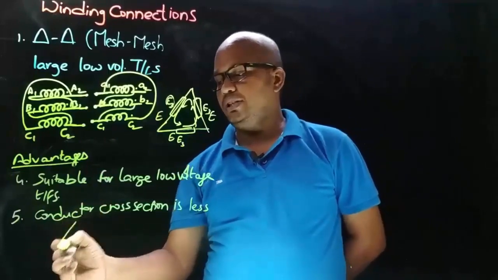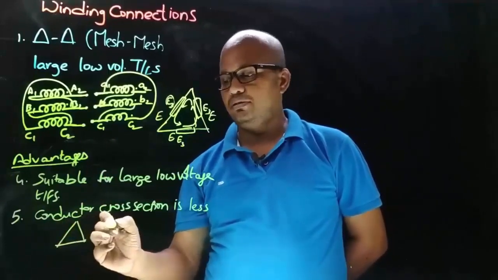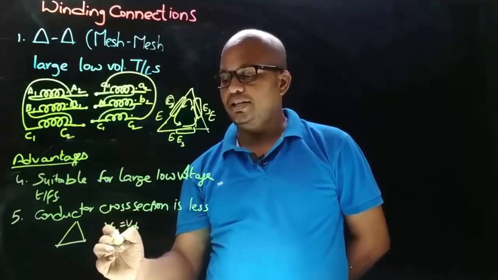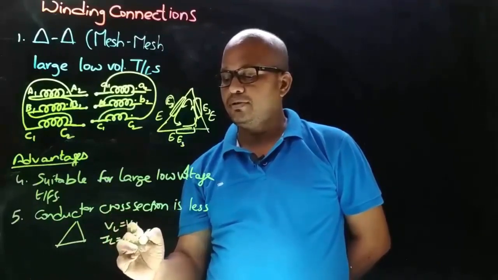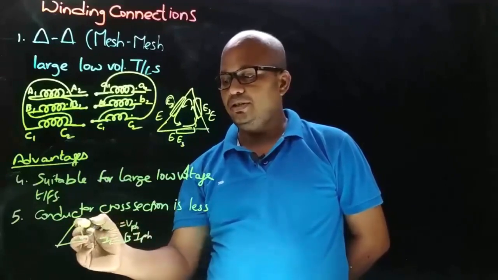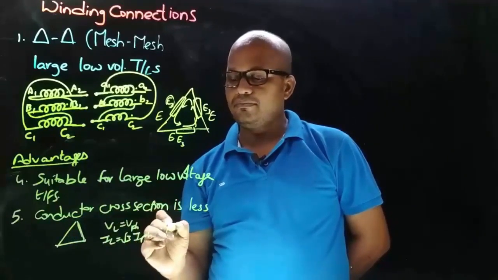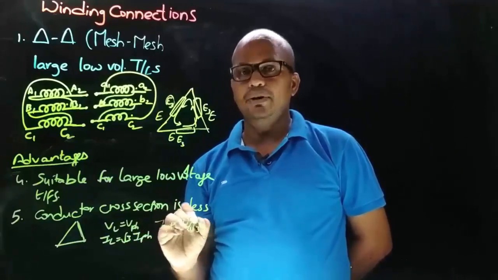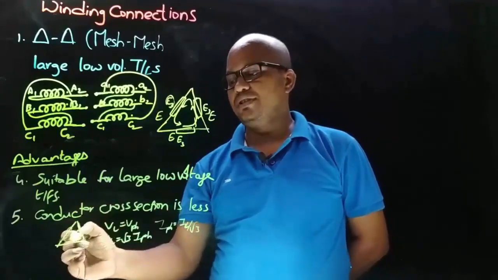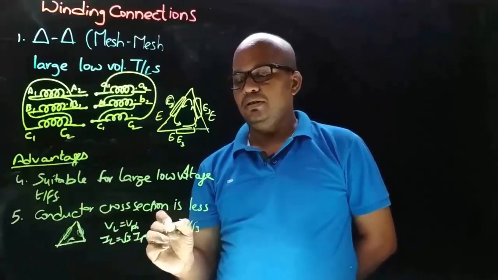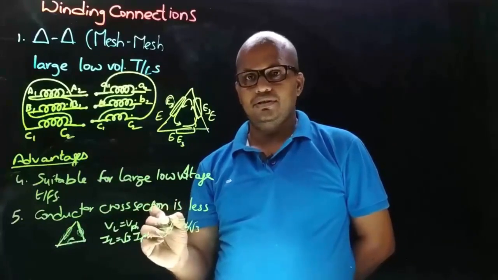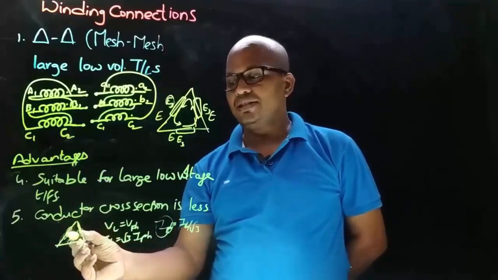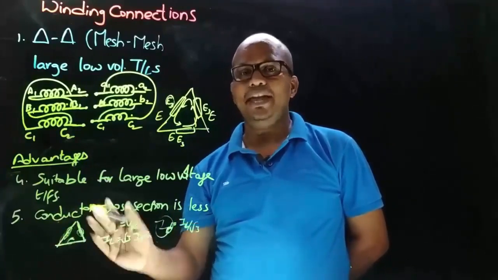We know that in delta connection line voltage is equal to phase voltage and line current is equal to root 3 times phase current. Means here in each phase the current is IL by root 3, so in each phase there will be less current when compared with the line currents. Means in the phases, less cross section conductors can be employed.